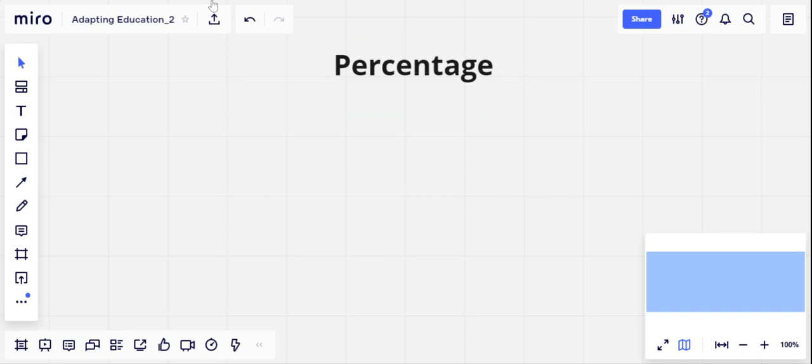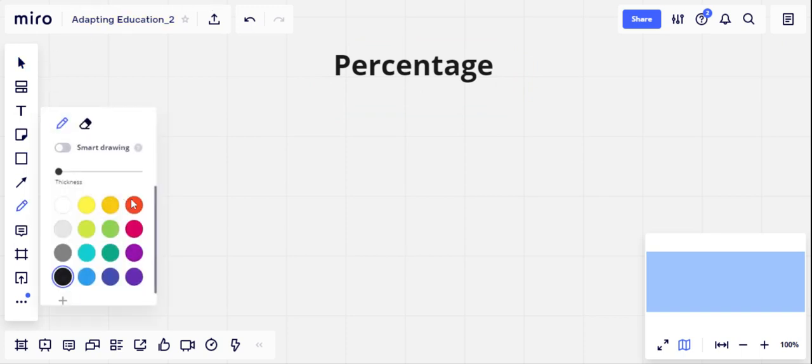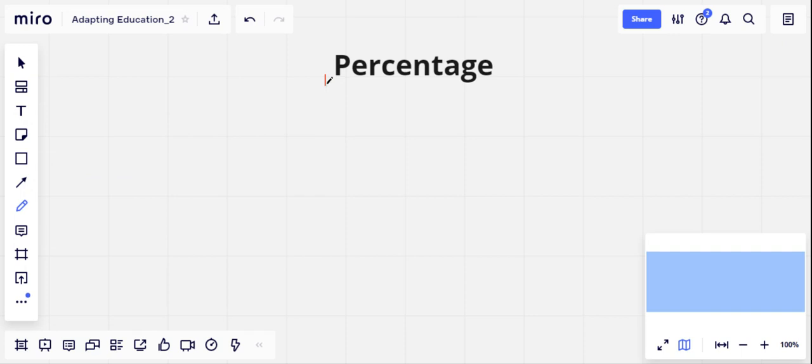Alright, so we got to know that in percent, this is the first word, per, and then we have the second word, which is cent. Cent means 100, and per means every.